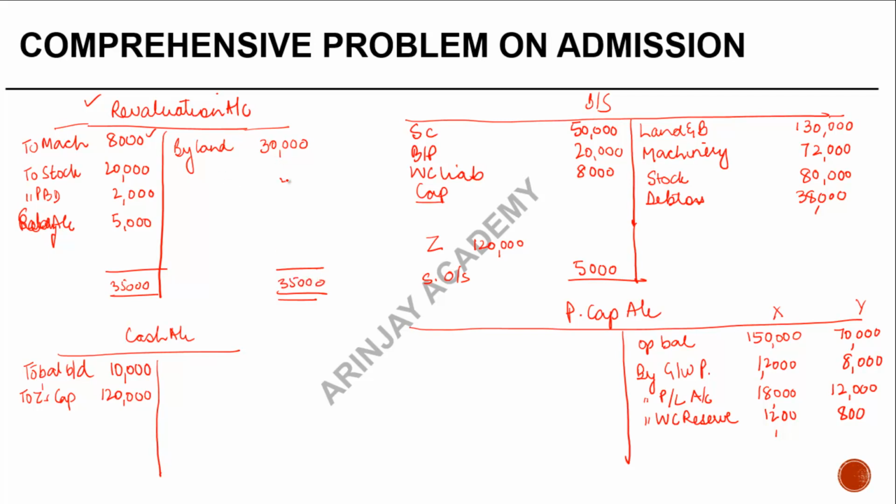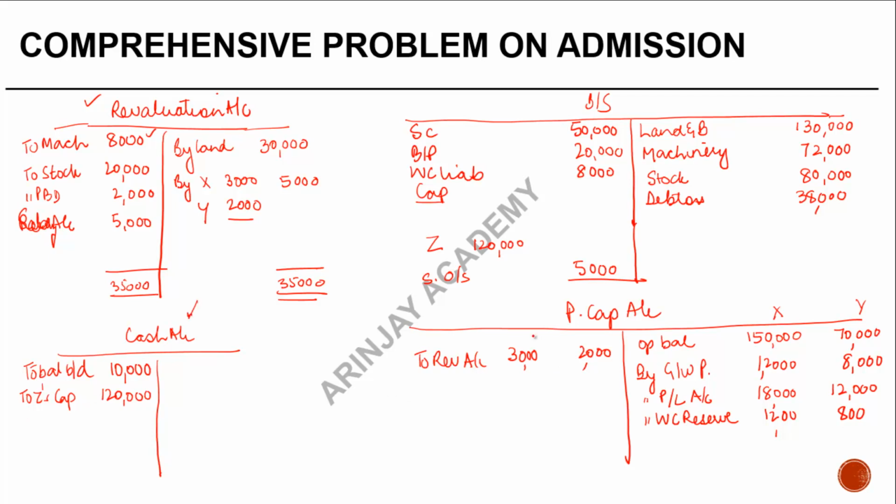Now there's a loss of 5,000 in the revaluation account. This has to go to the partners X and Y in what ratio? In their past profit sharing ratio, which was 3:2. So 3,000 to X, 2,000 to Y. To revaluation account 3,000, 2,000, right?